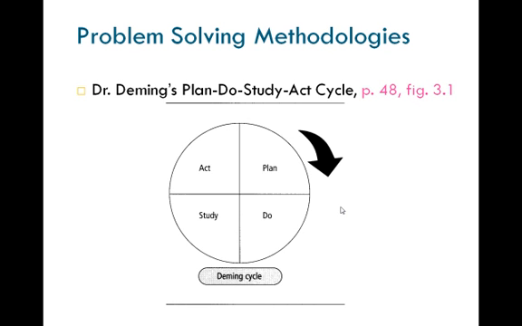You would form an improvement team. You would develop performance measures. Maybe you say, okay, we want to reduce the scrap by 10%. You would clearly define the problem, document and analyze the process that's associated with the problem, so flow chart and so on and so forth, and determine possible causes. All that would be done in the plan phase.